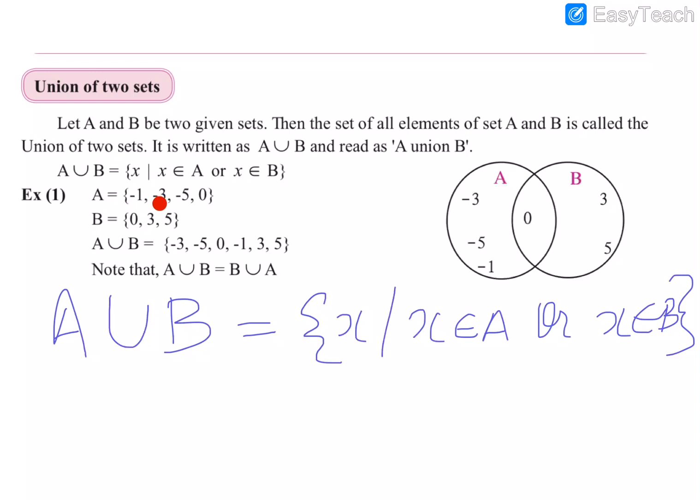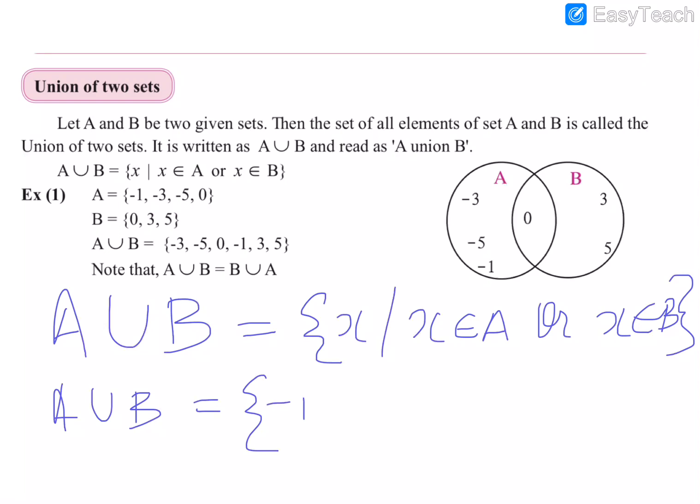Here is an example. A is -1, -3, -5, 0, and set B is 0, 3, 5. Now we write what A union B is. A union B will be the set of elements of sets A and B together.